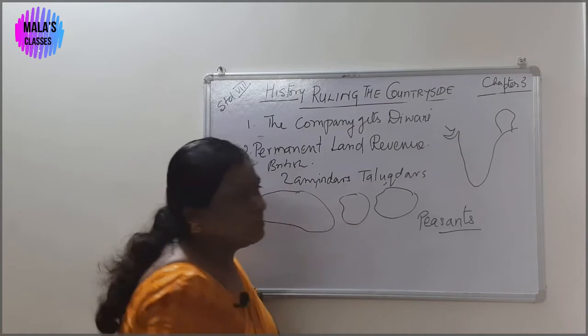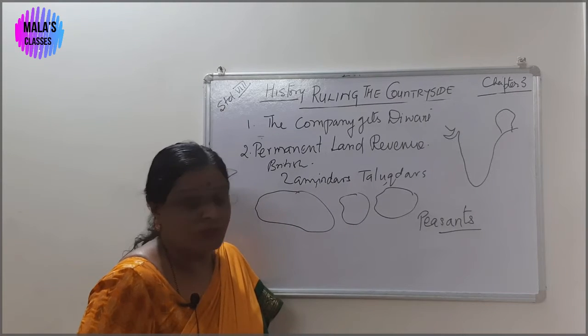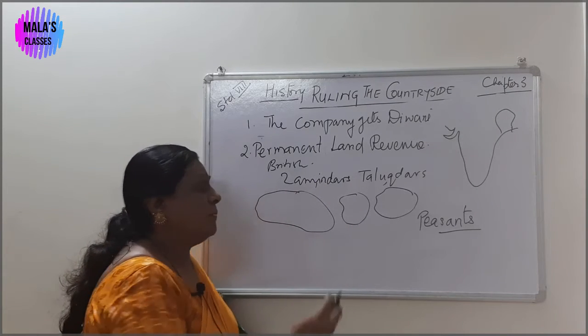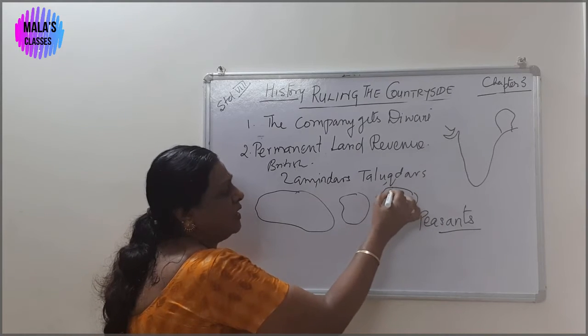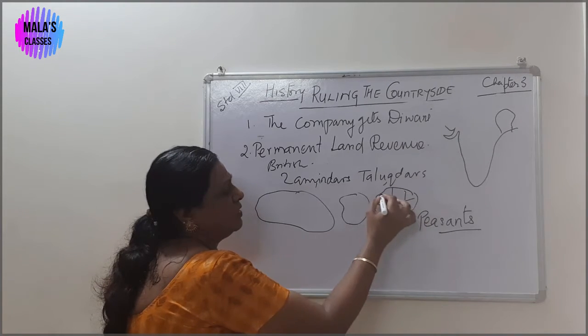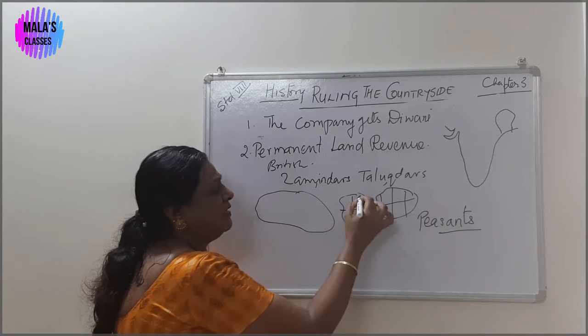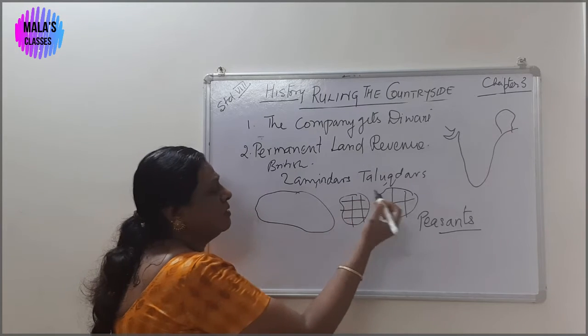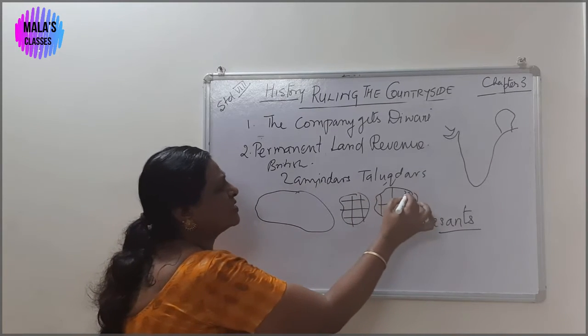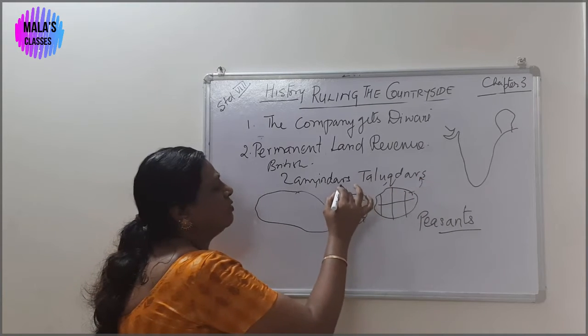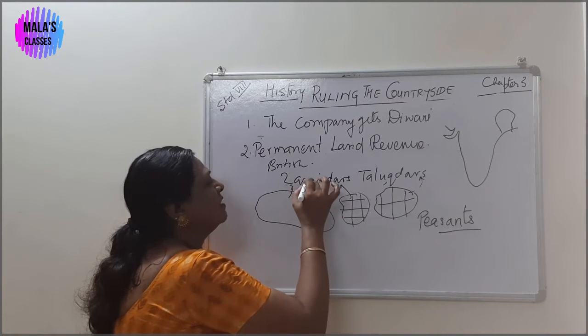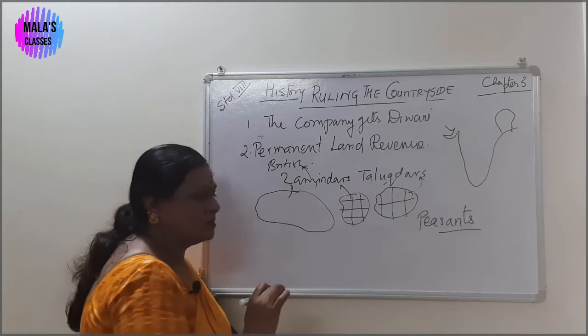It was very cleverly done. The peasants were given the land. Each peasant, after the crops were there, had to pay a fixed amount to the talukdar or to the zamindar, and this zamindar would pay from that to the British.